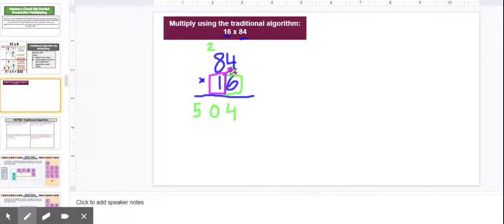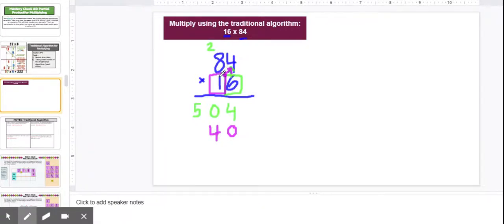So 1 times 4. Wait a second, there's something I'm forgetting, because this isn't really a 1. It's really a 10. So I need to add this 0 here as a placeholder to remind myself that this is a 10. Now that I've done that, I can go back and think of it like a 1. So 1 times 4 gets me 4, and I put my 4 in the next available place value space.